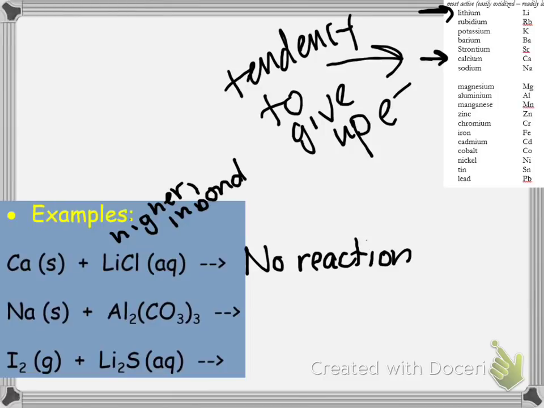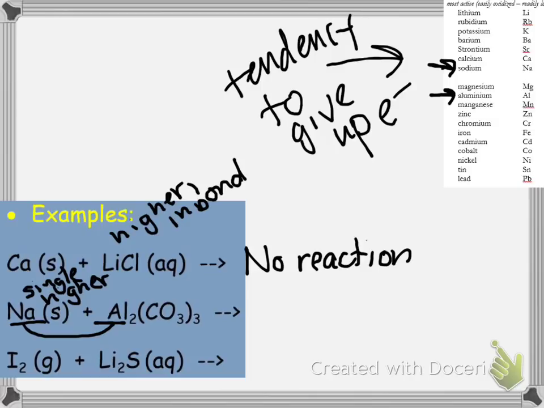Now in our second example, we have sodium and we have aluminum. So this time the singleton is higher. So the switch will happen. The sodium is going to switch places with the aluminum.